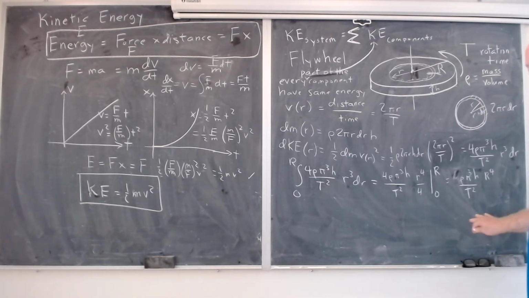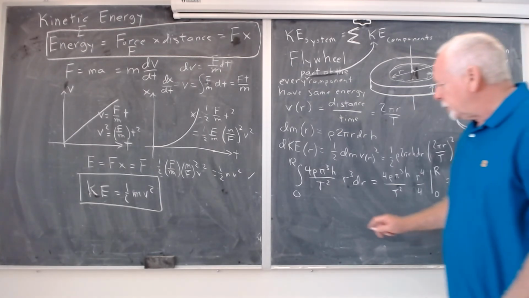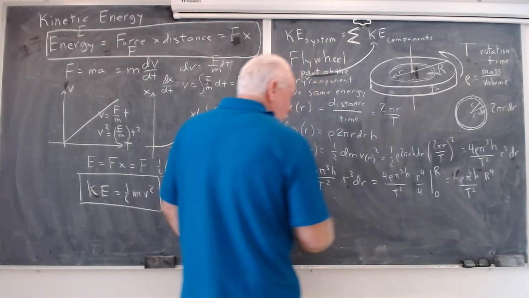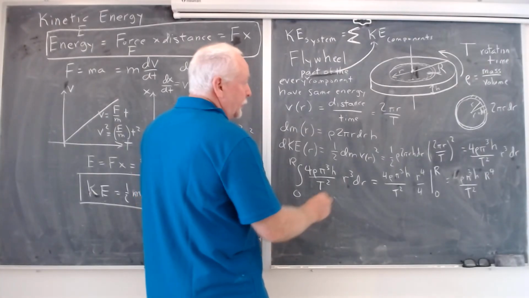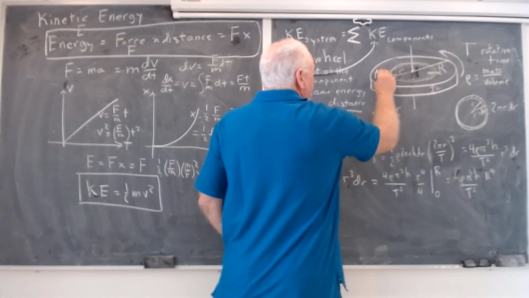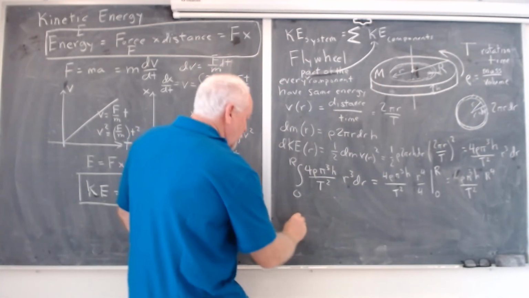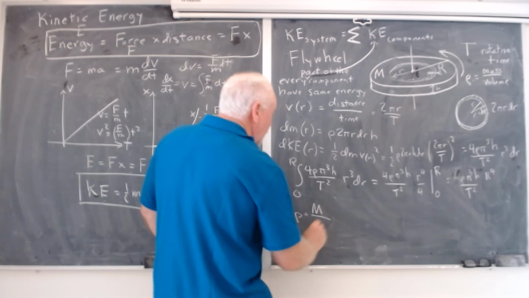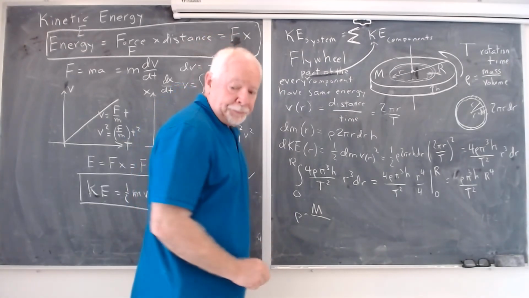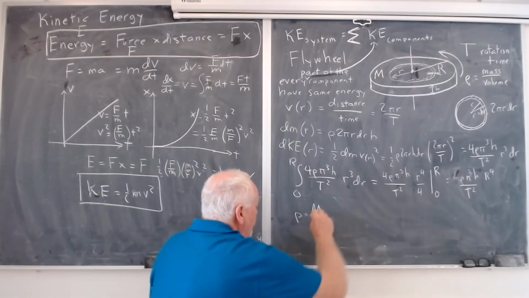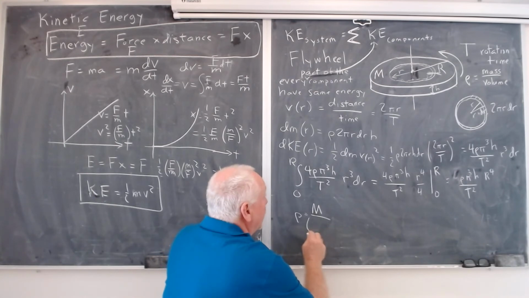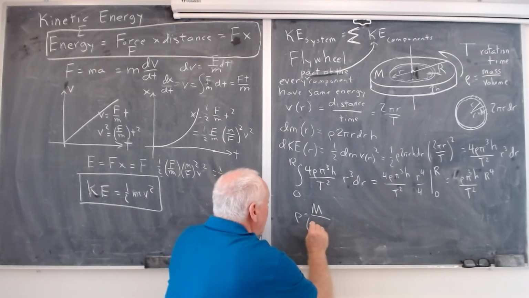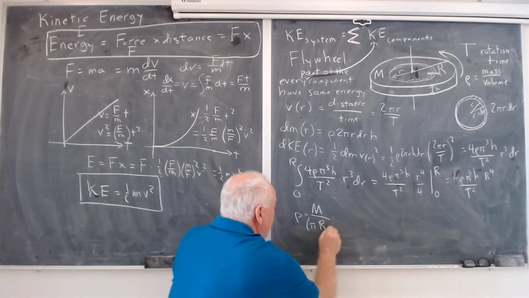We could write it in a different form by noting that if the total flywheel had a mass m, rho would be equal to m over the volume of the disk, pi R squared h.